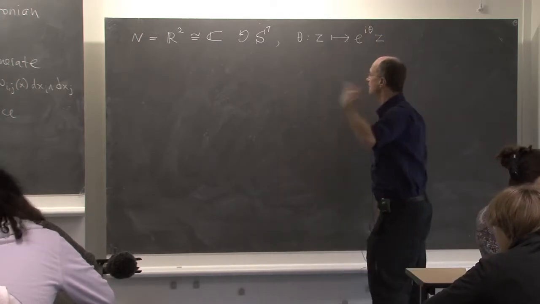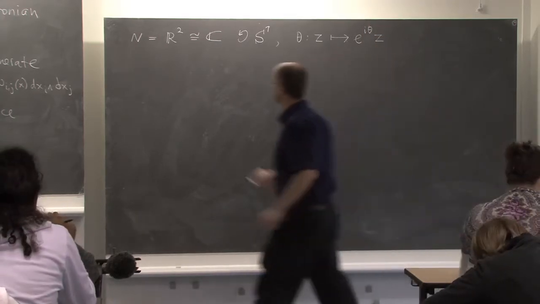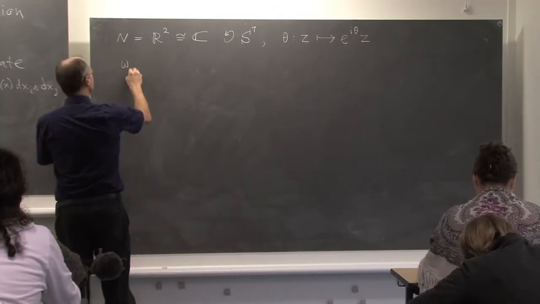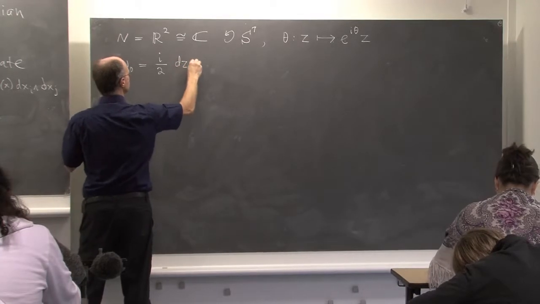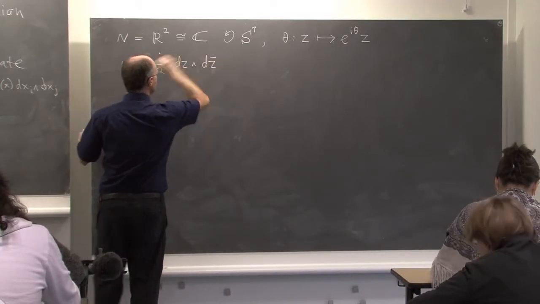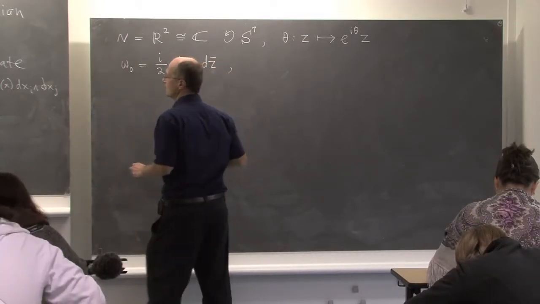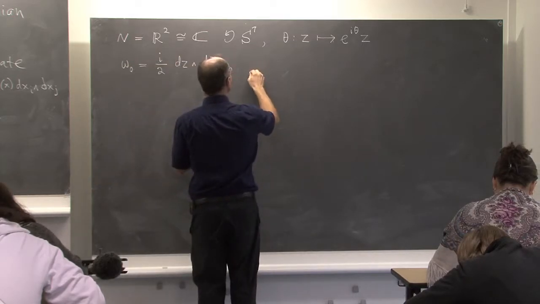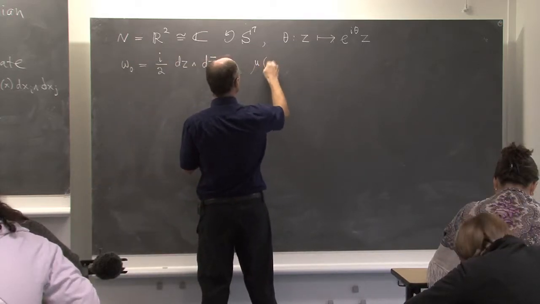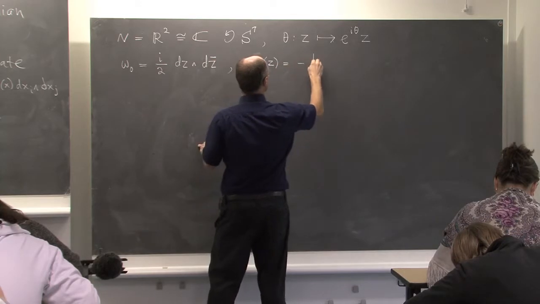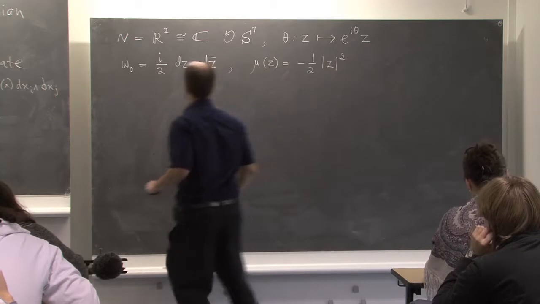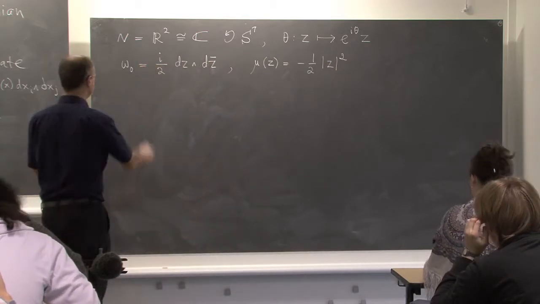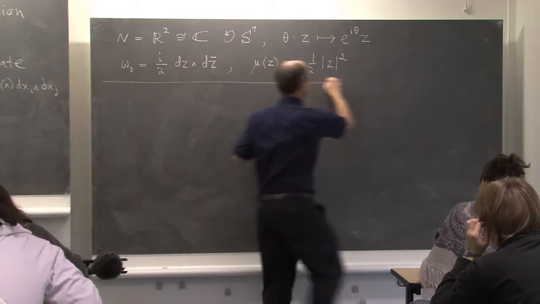So it's just a rotation on the complex plane. It has a 2 form omega naught, i over 2 dz wedge dz bar. And then one can choose the function mu to be minus 1/2 of |z| squared.